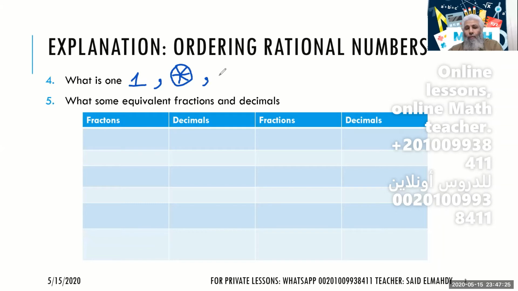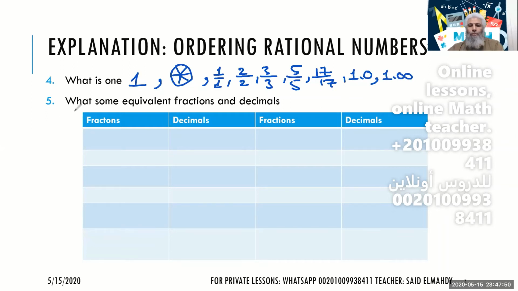We can write 1 as a fraction like 1 over 1 or 2 over 2 or 3 over 3. Any two numbers, the same numbers, give us 1, like 17 over 17, and so on. We can write 1 as a decimal too, 1.0, this is 1, or 1.00, this is 1 too.